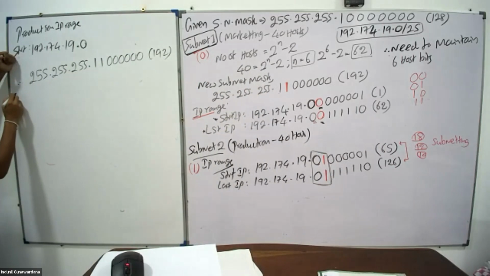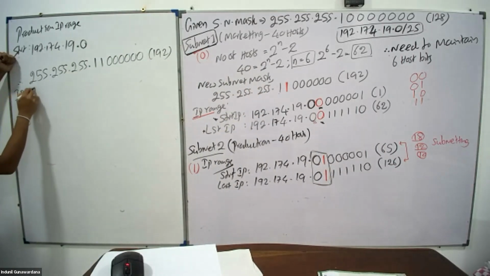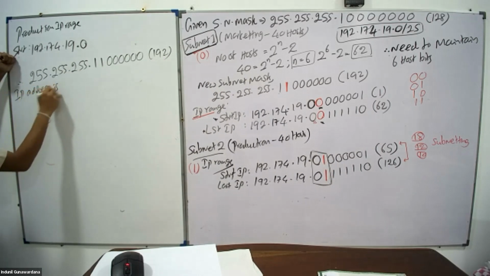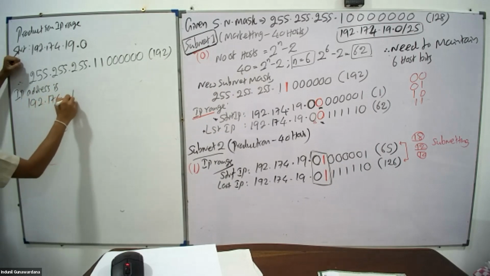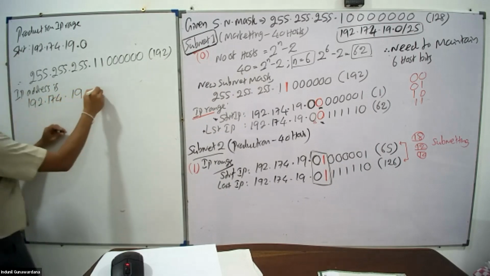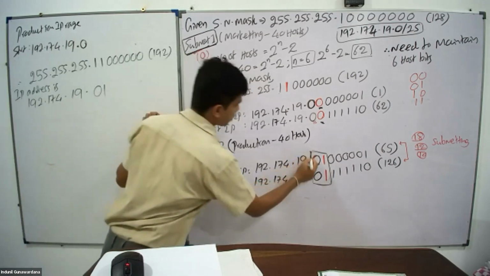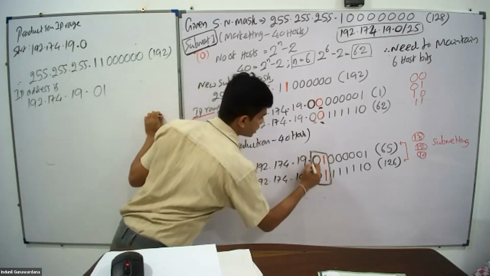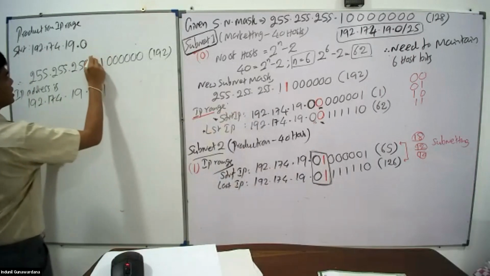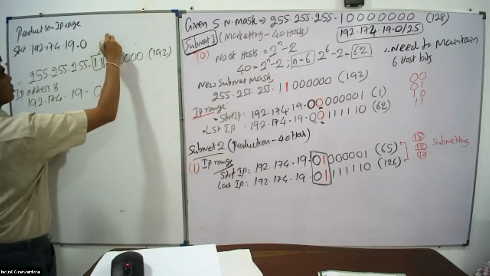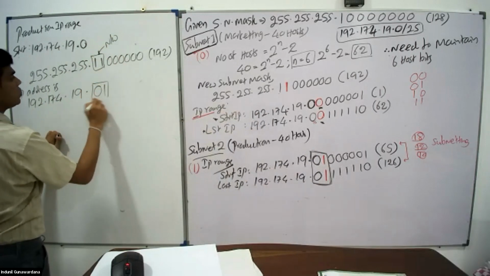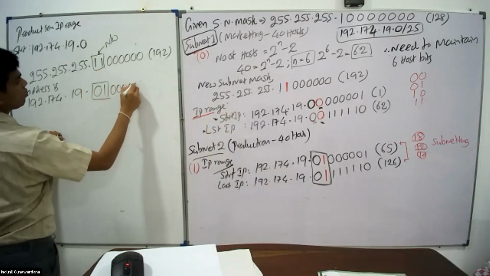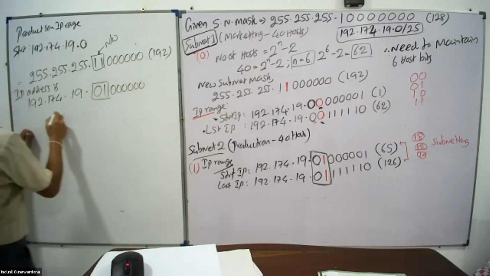Therefore, the IP address should be 192.174.19.01, which was there in the production department. These two have to be considered as a network. Since we are going to subnet this, we have to maintain these, and these six bits have to be subnetted.